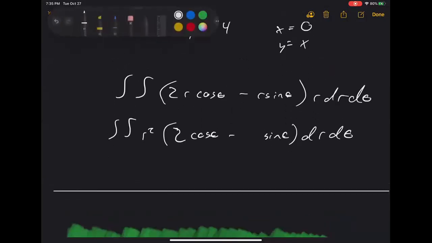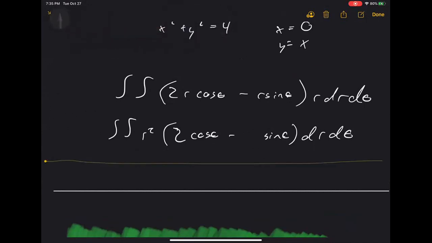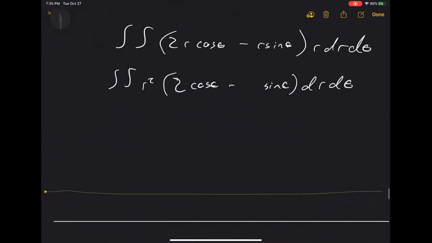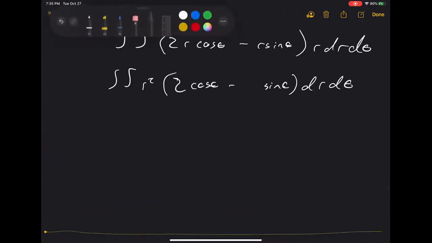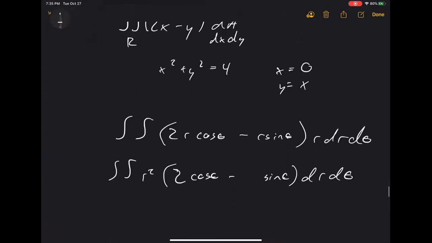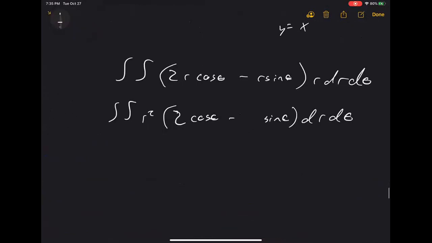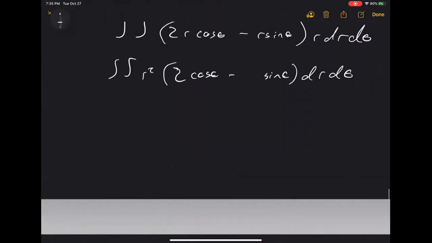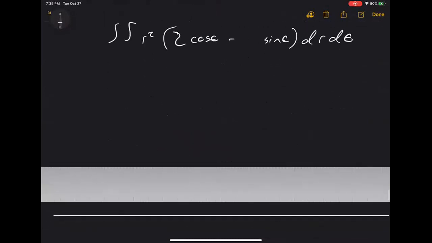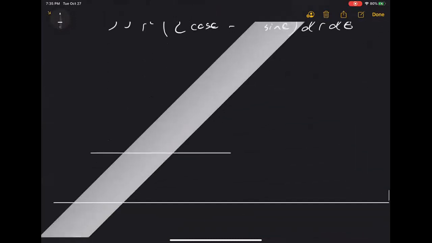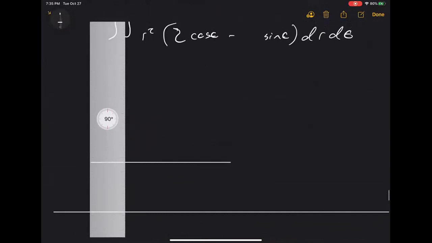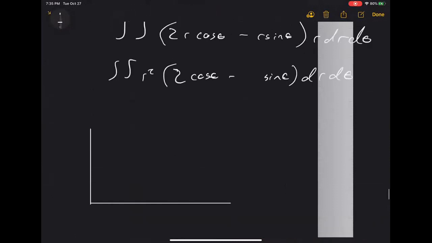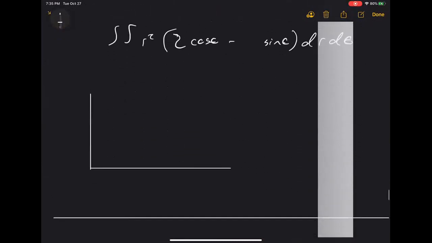What about the region? Again, we have to draw our region and then find a way to express it in polar coordinates. So what is our region? We're told we're confining ourselves to the first quadrant. Then we have the region bounded by the circle x squared plus y squared equals 4, a circle with radius 2.